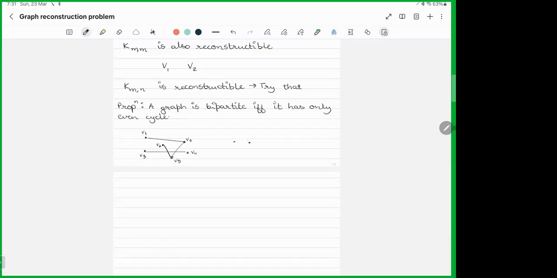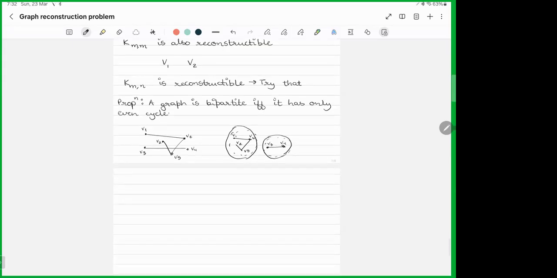So this is a disconnected graph, because it has V1, V6, V5, and V2, and this is V3, V4. What is a component in a graph? It is a maximal connected subgraph. For example, this is one component, this is the second component. A connected graph has only one component, but a disconnected graph has more than one component. Did everyone understand what a disconnected graph is?